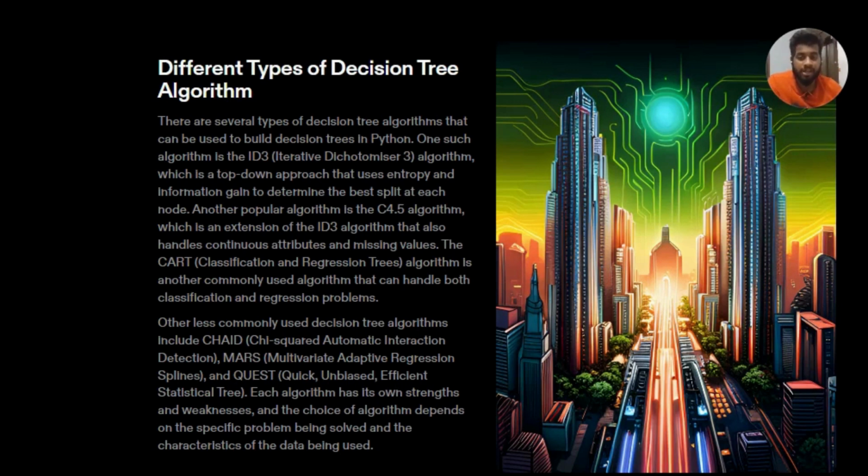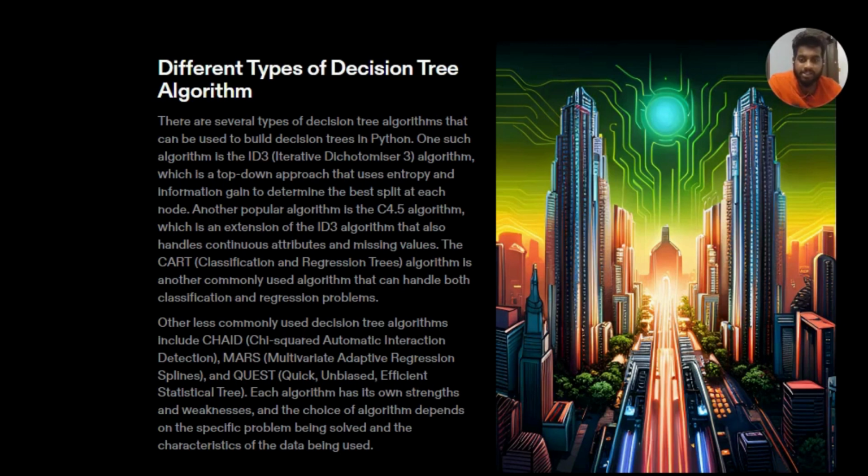Another popular algorithm is C4.5, which is an extension of ID3 that also handles continuous attributes and missing values. The CART algorithm is another commonly used algorithm that can handle both classification and regression problems.